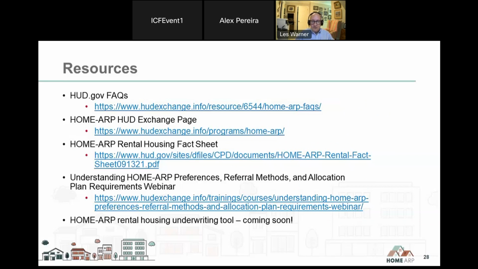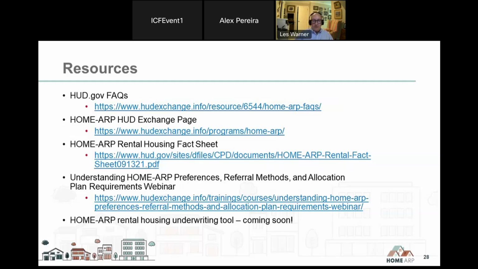So on the HUD Exchange, and we've provided this first link, is for a frequently asked questions page. So this is being built out over time as we have PJs and other partners beginning to work with the HOME-ARP funding. We are having new questions that are asked, and as answers are being developed, those are being posted here.